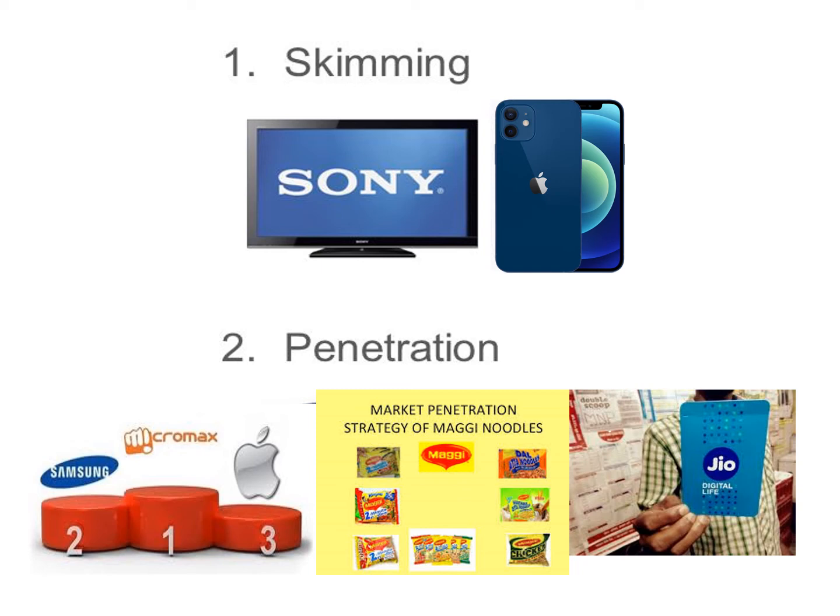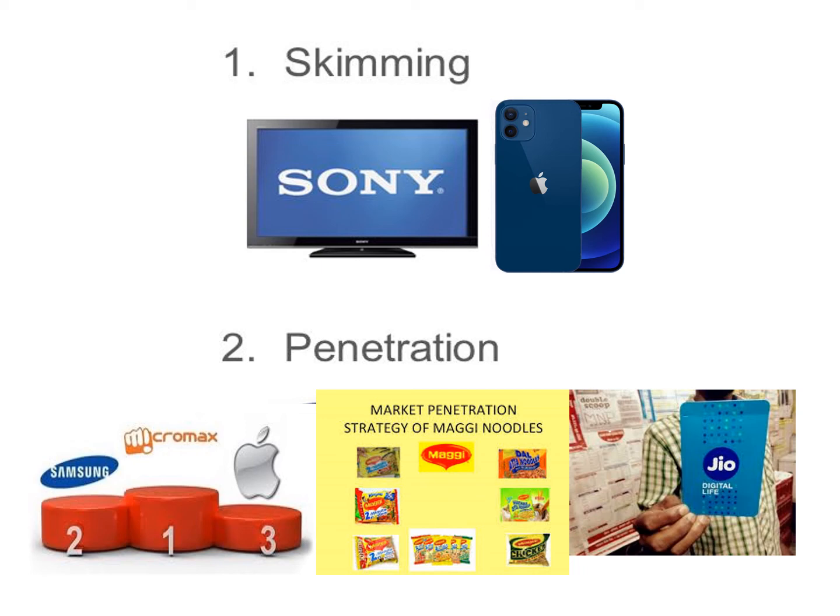That kind of product has to start with a low price. Examples are Jio and Maggi noodles. And in some limited places, instead of Samsung and Apple brands, people are more attracted to Micromax, which has many different features at lower prices, where the customer income groups are low.